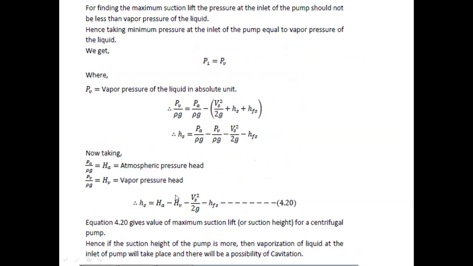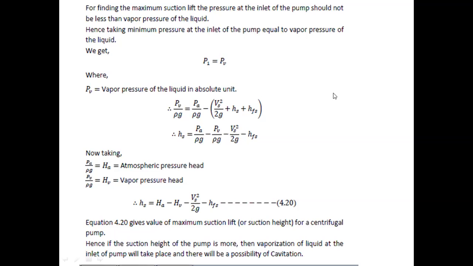Taking the minimum pressure at the inlet of the pump equal to the vapor pressure of the liquid, P1 equals PV. So the vapor pressure of the liquid is in absolute units.